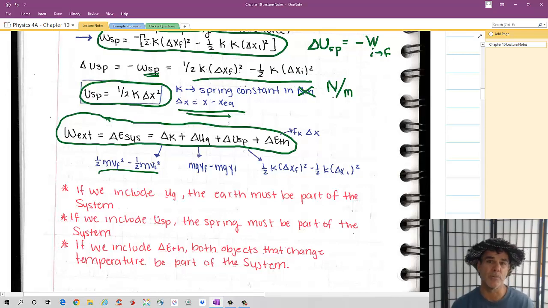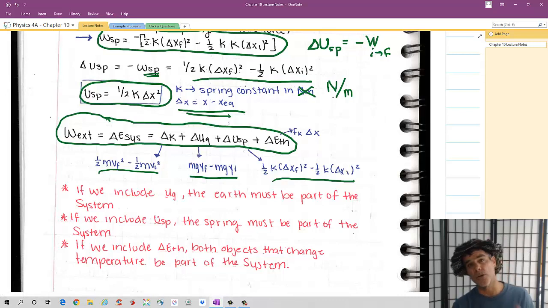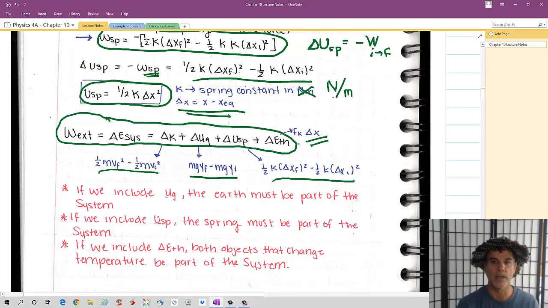I've got gravitational potential energy, mgy, so my change in gravitational potential energy is mgy final minus mgy initial. I've got the change in elastic potential energy, which is 1/2 k delta x final squared minus 1/2 k delta x initial squared. And I've got the change in thermal energy. I don't know the initial and final thermal energy, but I know the change in thermal energy is the force of kinetic friction times the displacement.